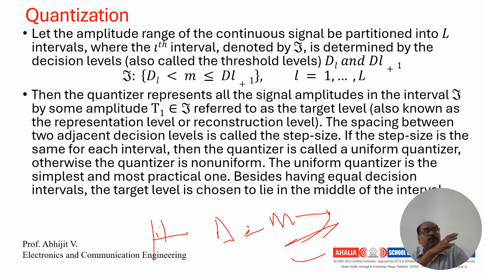What we have studied so far is a uniform quantizer. We have non-uniform quantization also. The uniform quantizer is the simplest and the most practical one. Besides having equal decision intervals, the target level is chosen to lie in the middle of the interval.